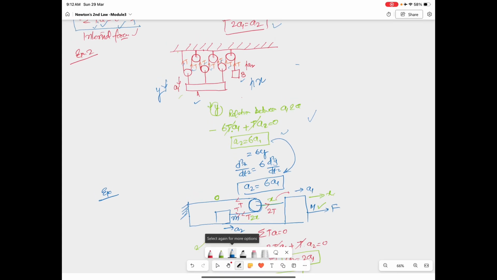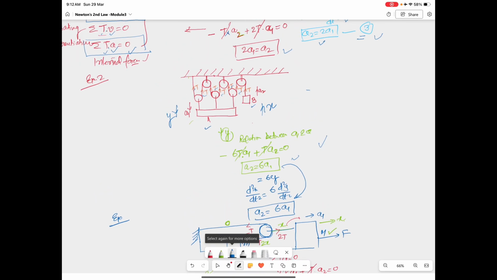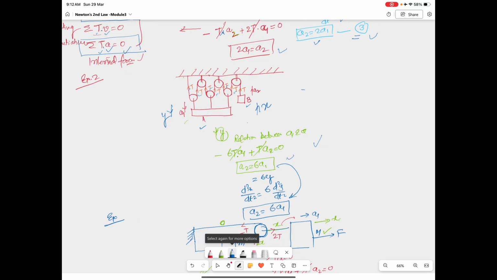The other way of solving it is by visualization, which I prefer, and you must understand this also. If this is going down by a distance y, the displacement of this string is 0 because this is fixed. So if this has to come down by a distance y, this has to certainly come down by a distance 2y. Then only it is 0 plus 2y by 2, which is nothing but y.